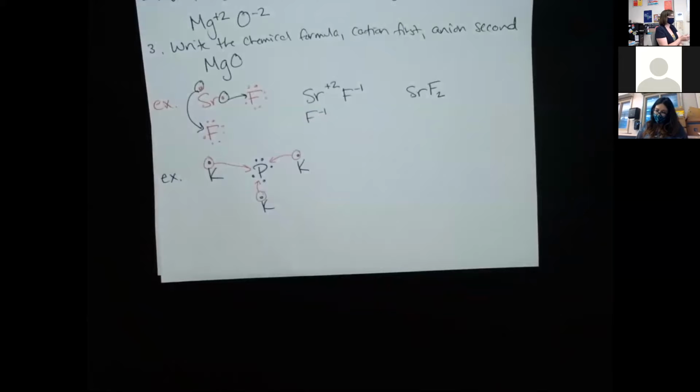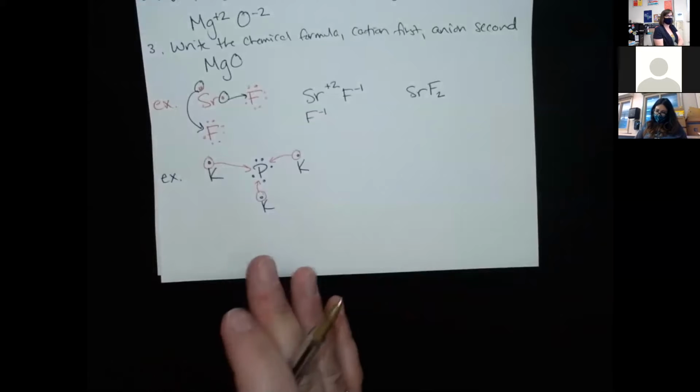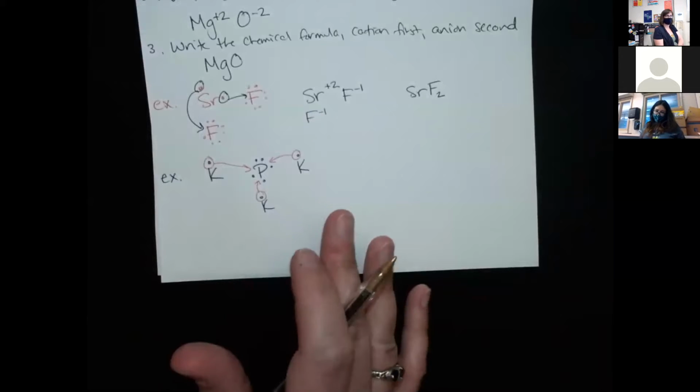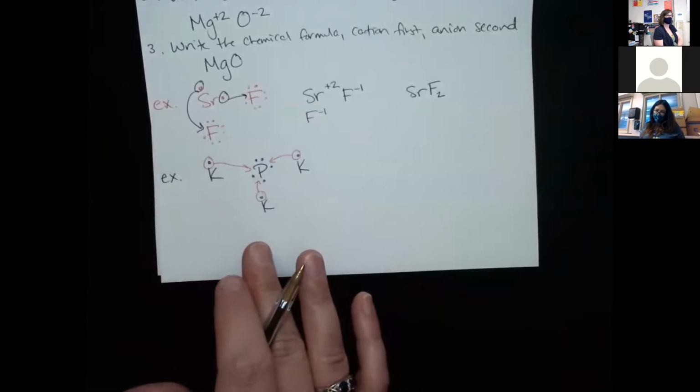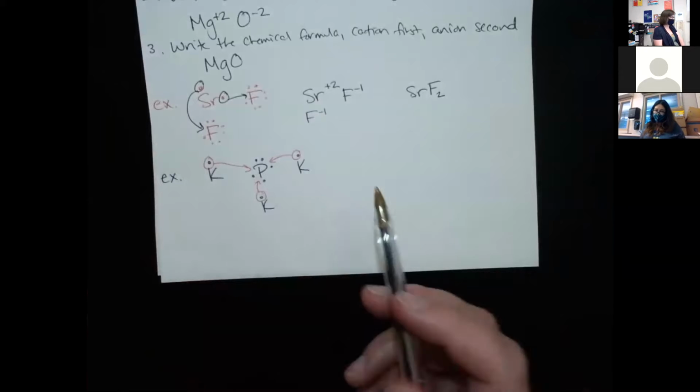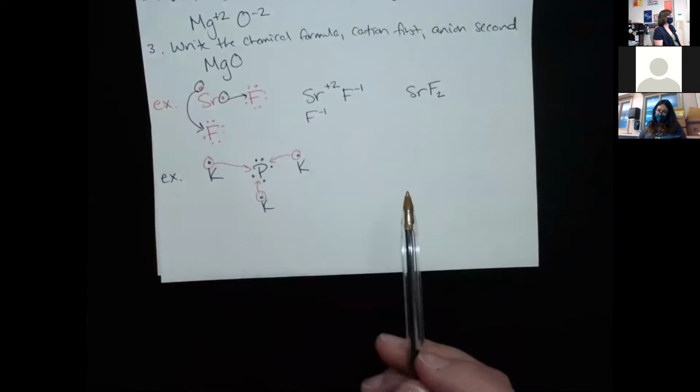Questions? Is everybody happy in this picture? Each potassium got to give away 1, and the phosphorus got the 3 that it needed. Okay. Next step is to write the elements with their charges. So go ahead and try that.